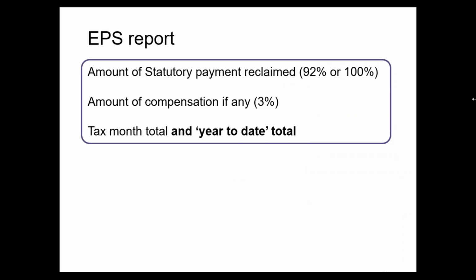Each monthly EPS report you send will also let HMRC know the total amount you can reclaim for the year to date. This is the figure the HMRC system uses to calculate the reduction month by month.